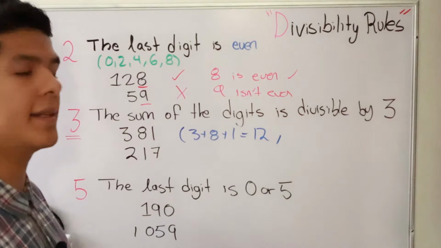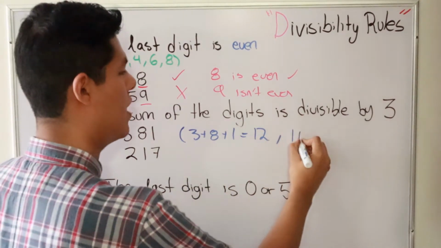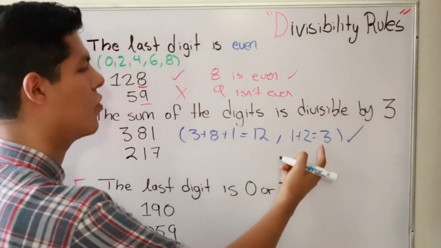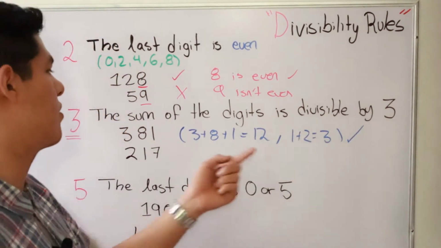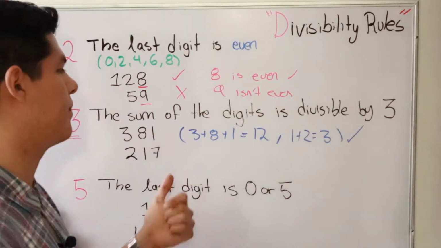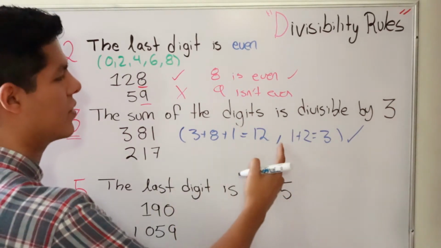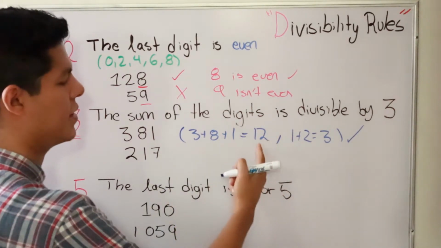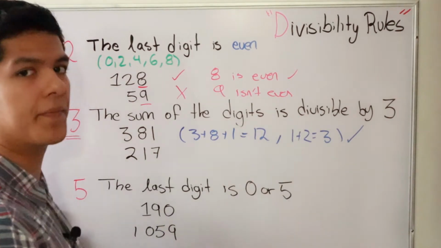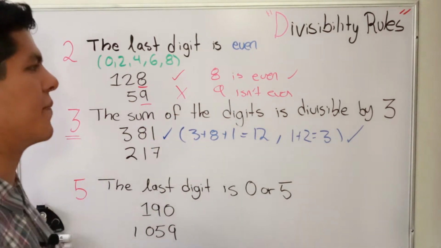We can repeat this procedure: 1 plus 2 equals 3. So 381 is divisible by 3.